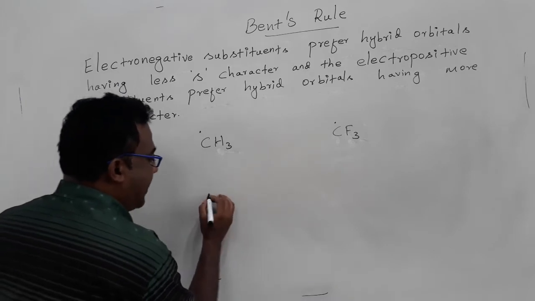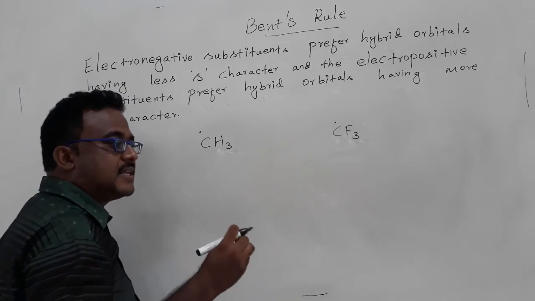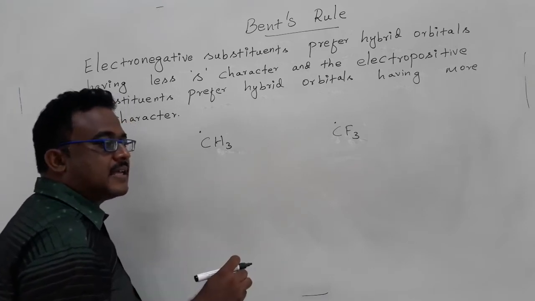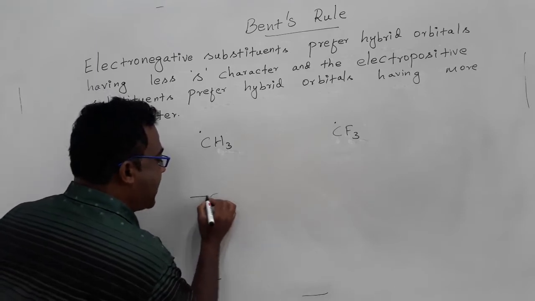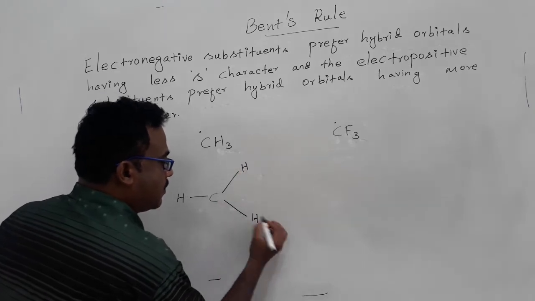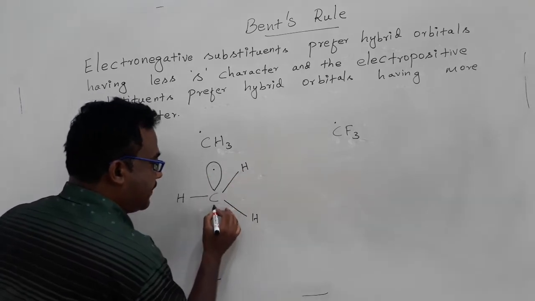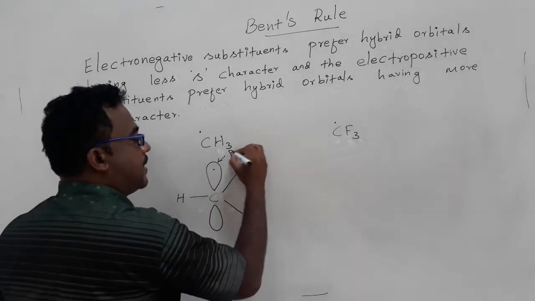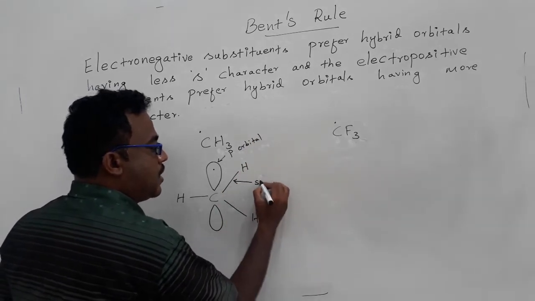The sp2 hybrid orbitals can form three bonds with three different atoms, as well as having more s character. So it should have planar geometry, and the one unpaired electron will be in the p orbital. So this one is the p orbital, and this one is the sp2 hybrid orbitals.